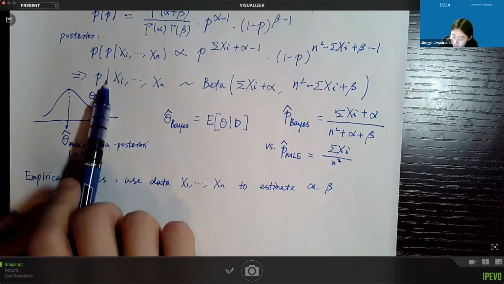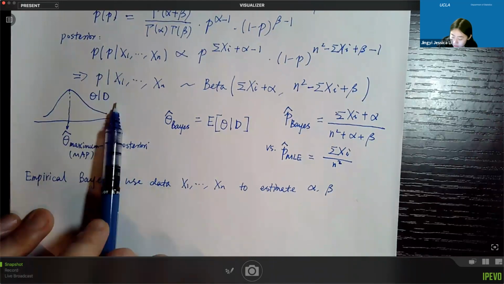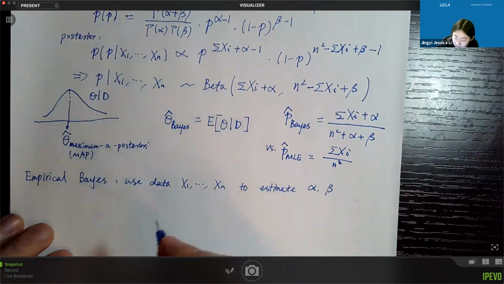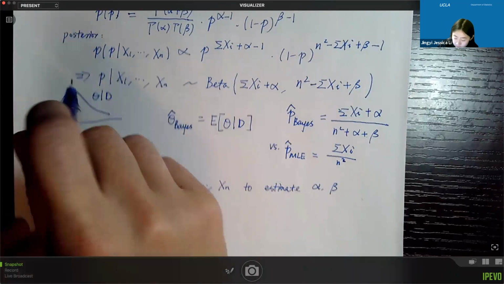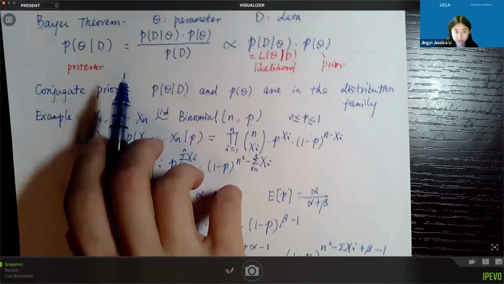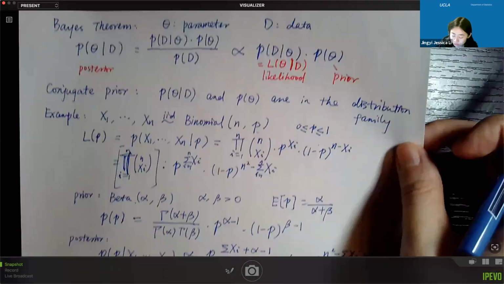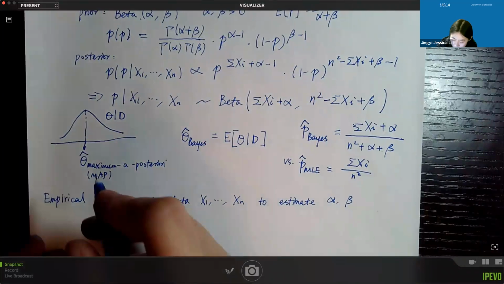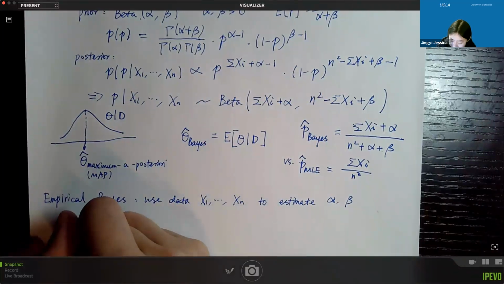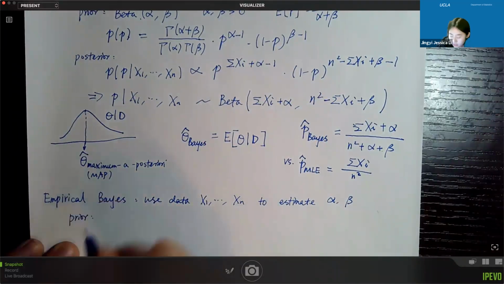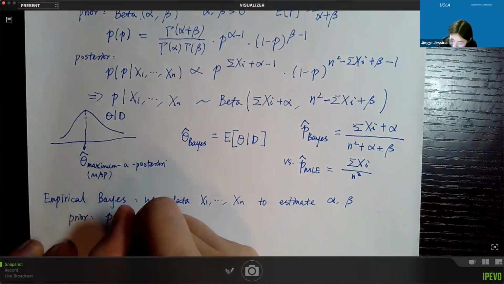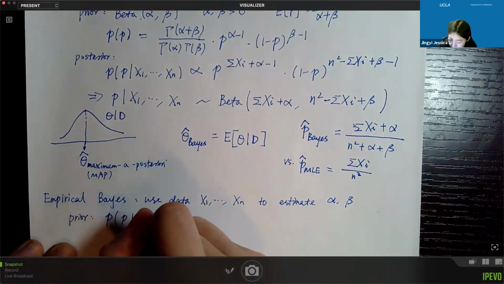Let's take a look. Coming back to the Bayes theorem, if we write it out in more detail, you would have this. The prior now depends on alpha and beta, so I'm going to write it as P given alpha, beta.